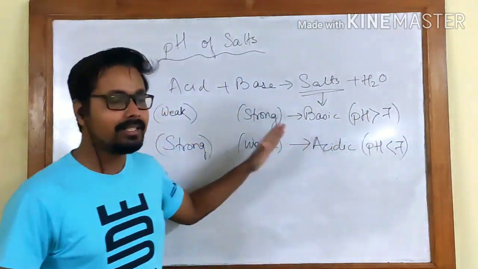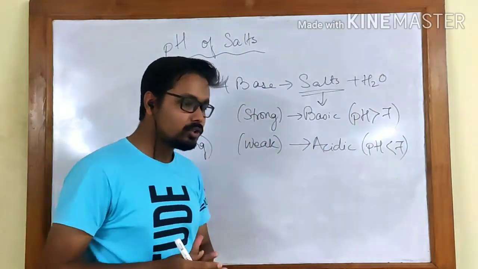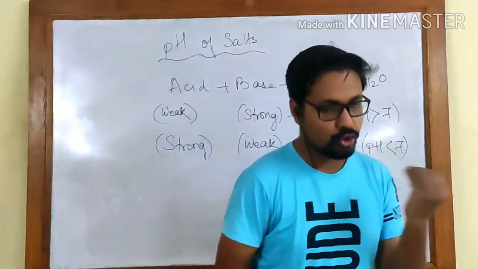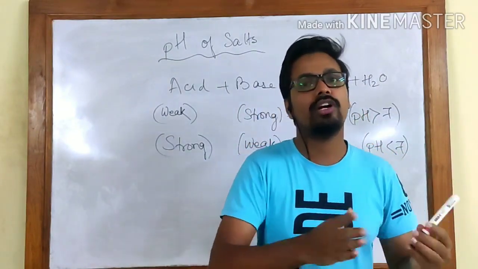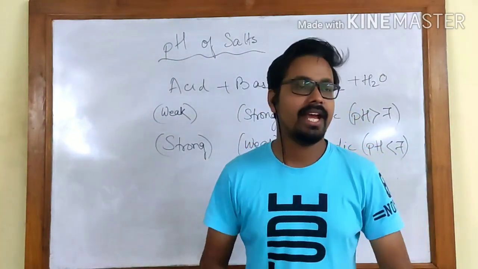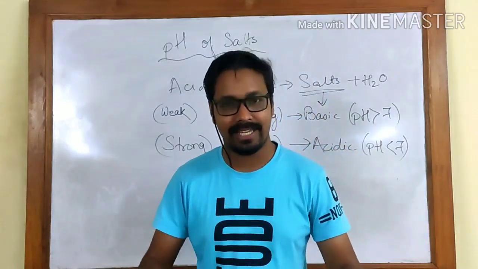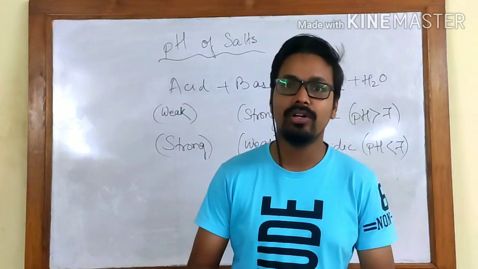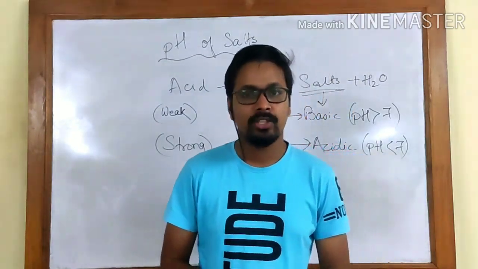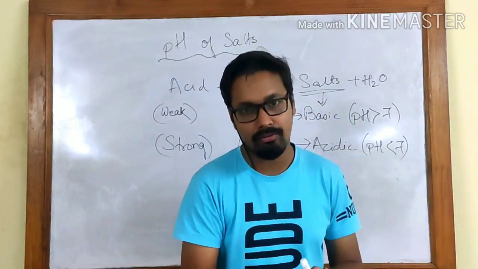So I hope it is clear that it totally depends on the strength of the acid or base. A stronger acid will give us an acidic salt, a stronger base will give us a basic salt. And if the strengths of the acid and base are the same, then we will have what is called a neutral salt, where the pH will be equal to or closer to 7. So that is about the pH of salts.